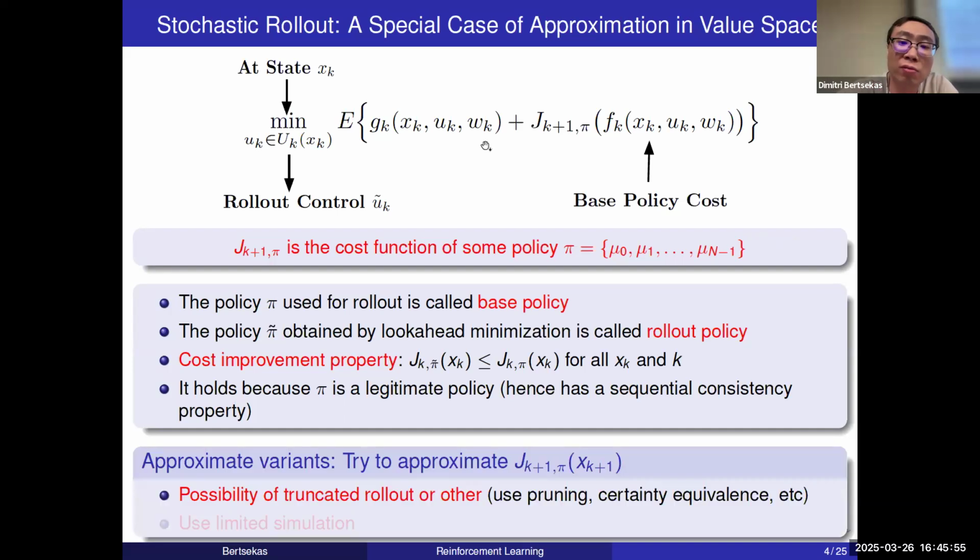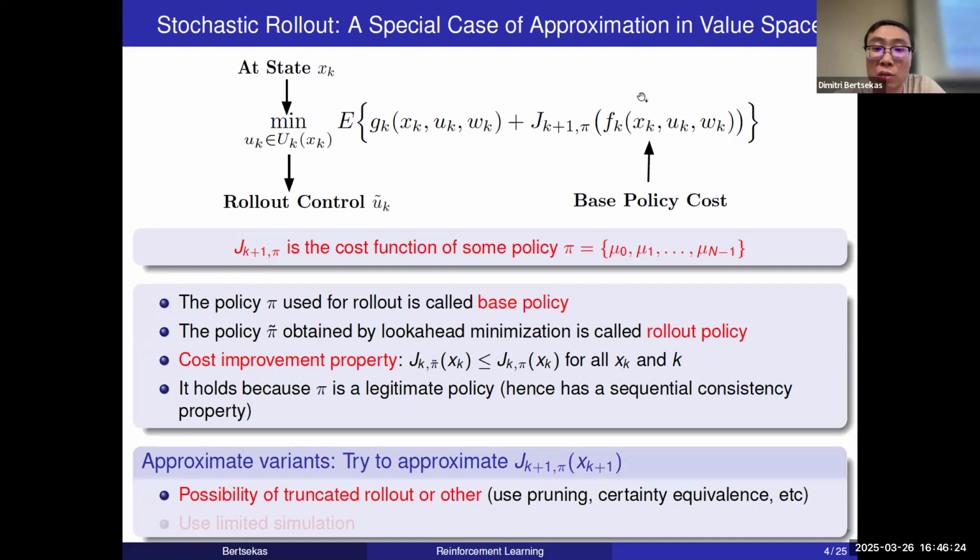Now, because of the presence of this w_k, things become more challenging, obviously. The reason is that starting from the same x_k, when we evaluate the potential of u_k, this quantity is a stochastic quantity, and w_k can take values from a set.